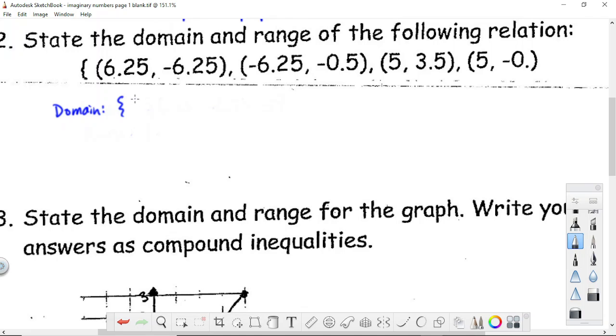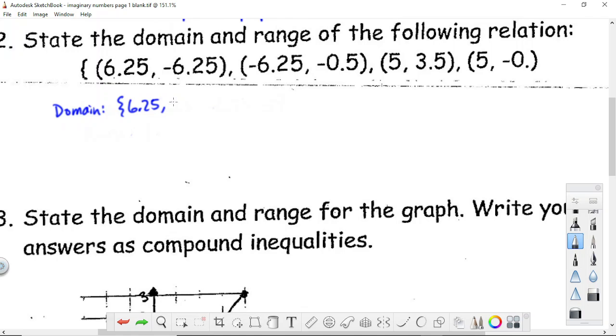So all the x values, that's just the first number in each ordered pair. I'm going to write these down in the order that they appear, and that's okay with me. You don't have to necessarily write them in order from least to greatest, but you can if you want to. It's not a big deal to me. You have to check with your teacher in a later class and see how they want you to do it.